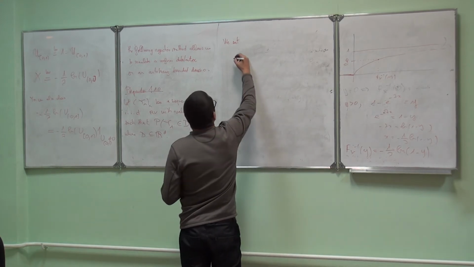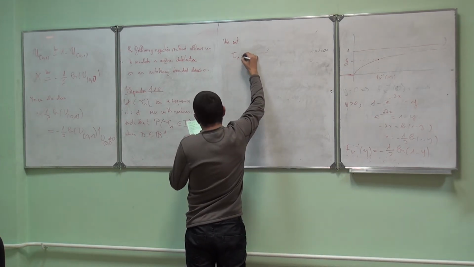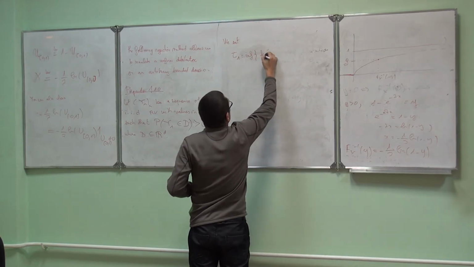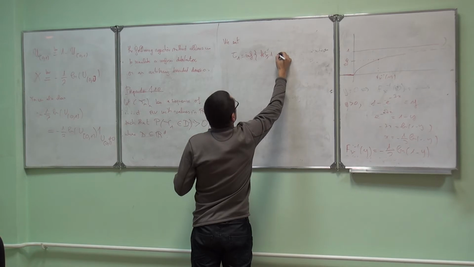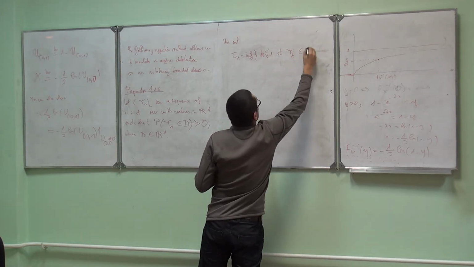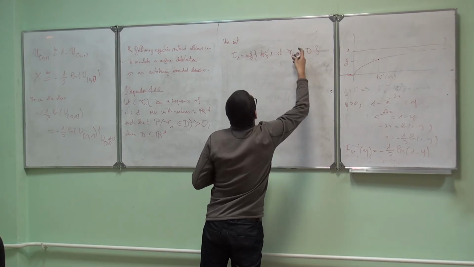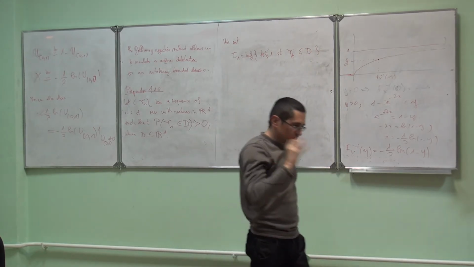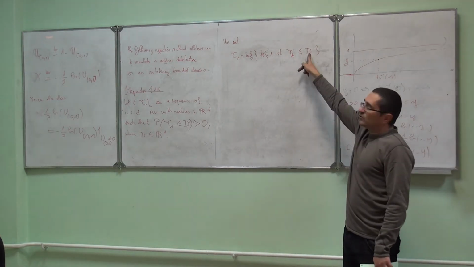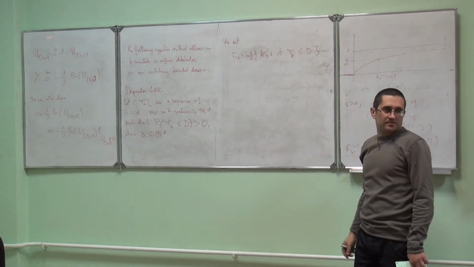Precisely, we set tau 1 the infimum of all k greater than 1, such that yk belongs to D. The idea is to only keep the values which belong to capital D.